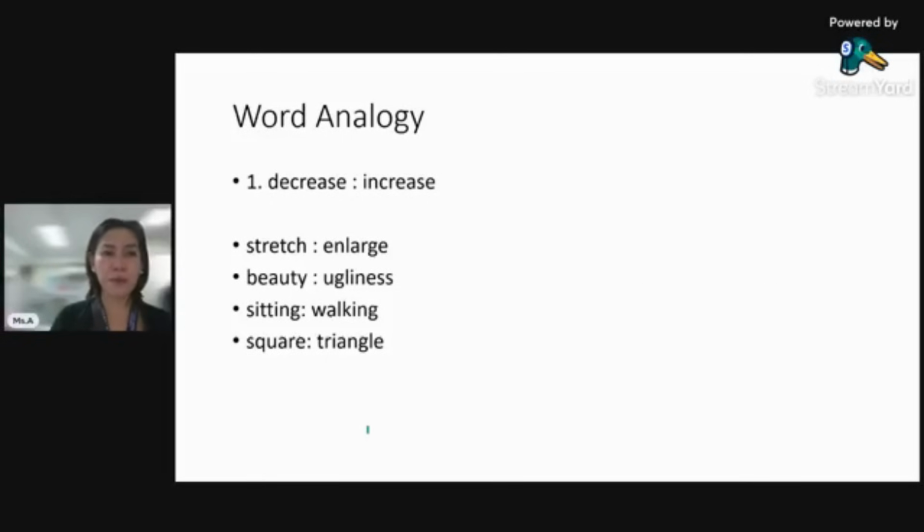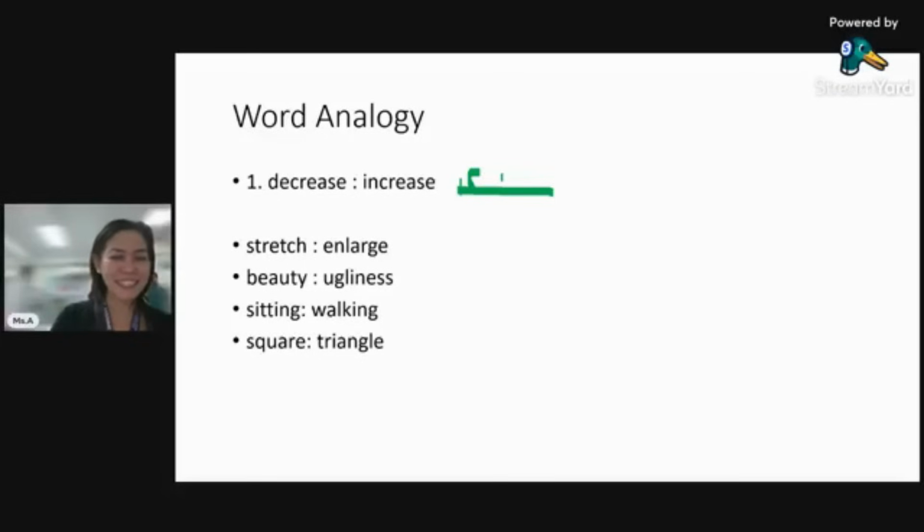So, for example po, ito po yung mga example ng word analogy. Yung iba po pag nagbibigay po ng word analogy, meron pong isa pang word dito. There's another word here. Let's say stretch.